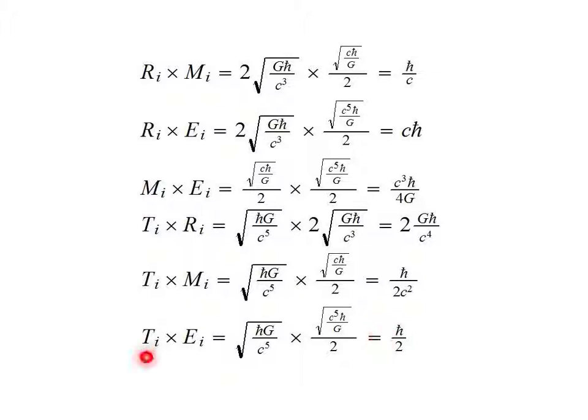So whether it's delta time against delta energy, or large time against small energy, or small time against large energy, we get h bar over 2. And at the top, if we multiply the initial radius against the initial mass, we find h bar over c, which is what we get if we multiply delta r times delta m. And the case applies down the list of all 6.